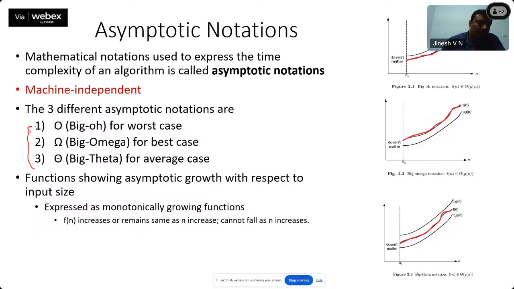Here big O, you can see in the first diagram, T(n) is your function, and the order of g(n) is the function we are taking as the dominant factor. Suppose we have a polynomial function to represent the algorithm as 2n cube plus n.